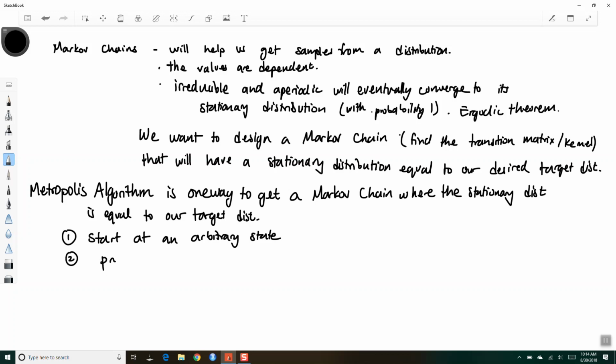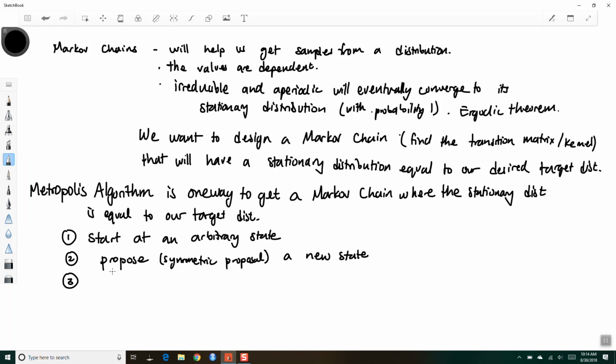Propose a new state, and it has to be a symmetric proposal, which I didn't define last time. So you propose a new state, and then maybe you go, maybe you don't.